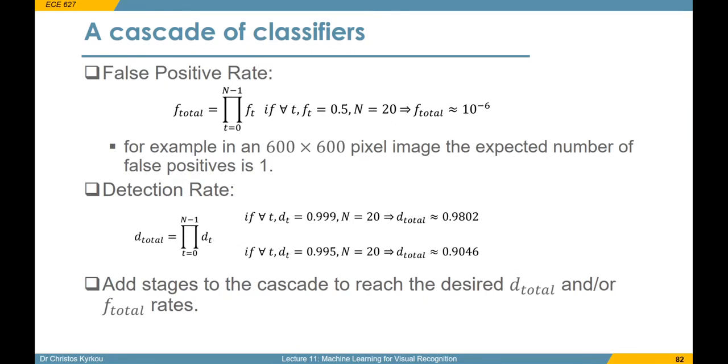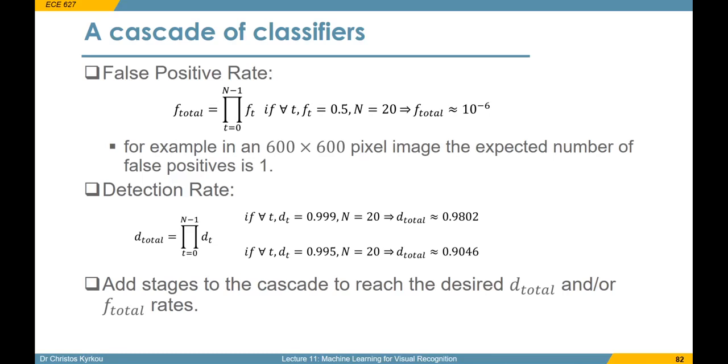So if we, for example, allow for 50% of false positives to be passed through each stage, after 20 stages we end up with 10 to the minus 6 false positives. And for example, if we have a 600 by 600 pixel image, that means we only have, on average, 1 false positive.